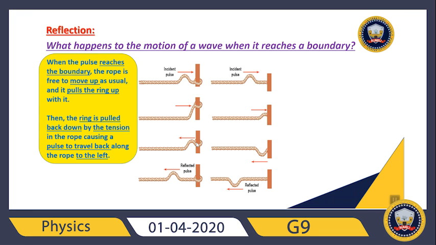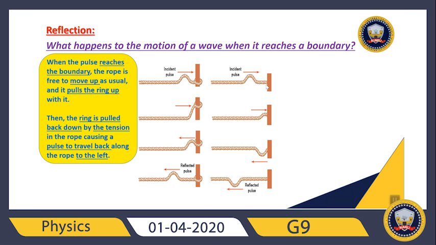By this tension force, the pulse travels back again along the rope to the left. So here the boundary is not fixed, it is a free boundary. What happens to the wave? The wave is only reflected to the left side.